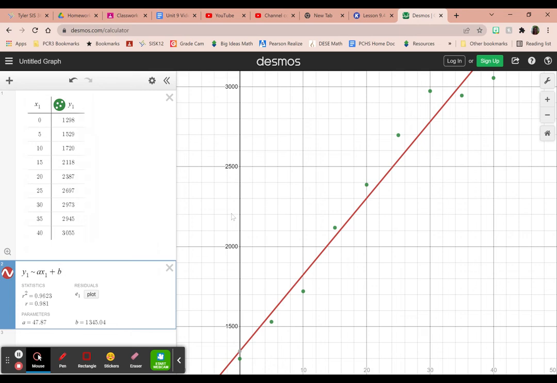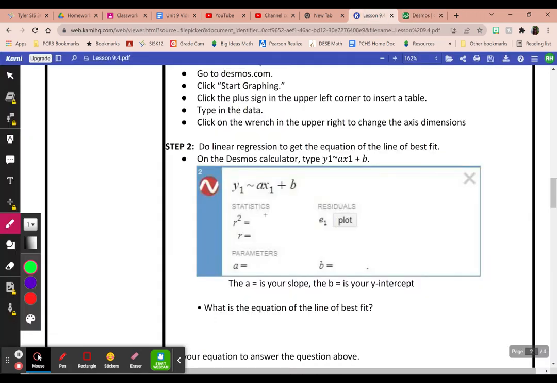So we're going to have our R squared value, we're going to leave blank. Our r value, that's our correlation coefficient, is 0.981. So here, we're going to put 0.981.